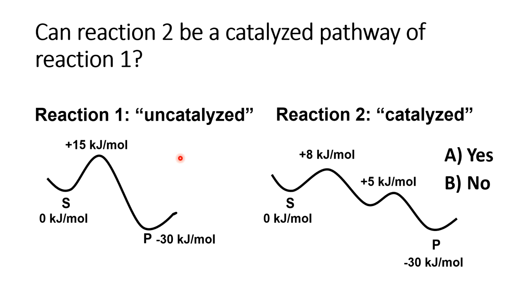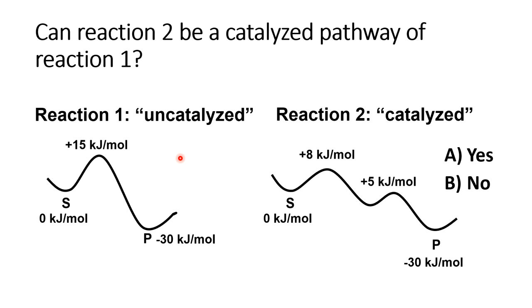What should only change is the activation energy. The major activation energy for the uncatalyzed reaction is at 15 kilojoules per mole above the reactant potential well, so that activation energy is 15 minus 0, which is just 15 kilojoules per mole. Versus here, the highest energy of either of the two transition states is at 8 kilojoules per mole.